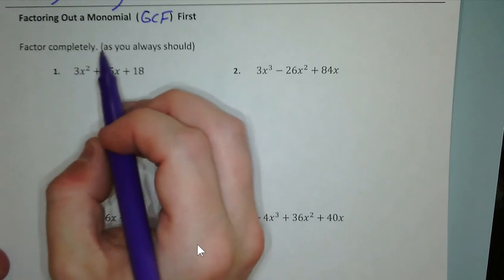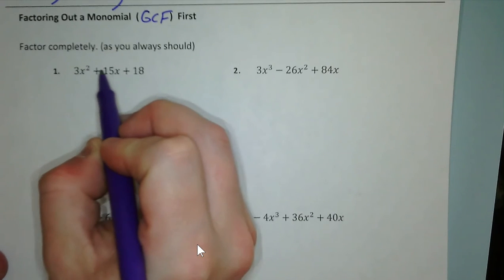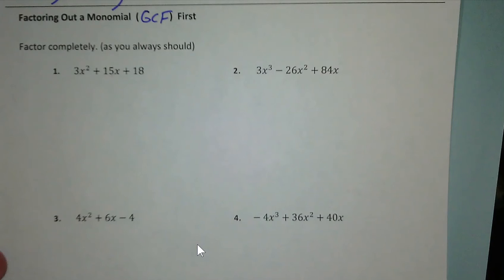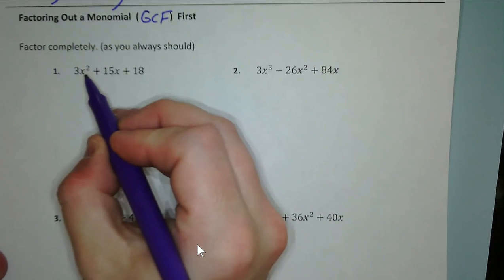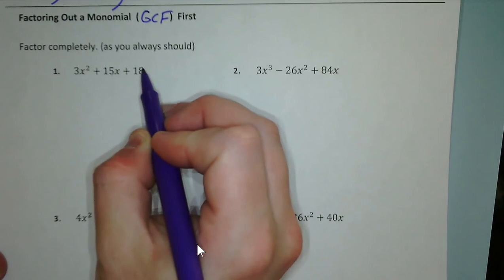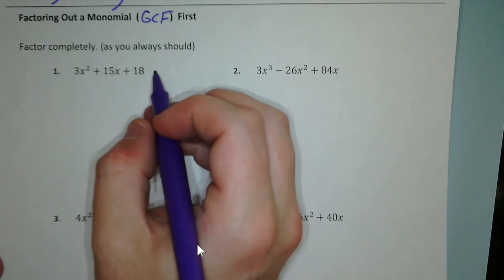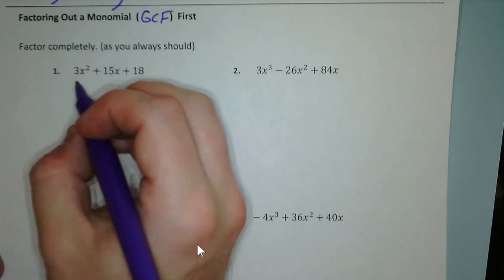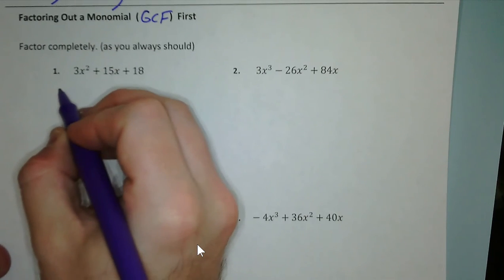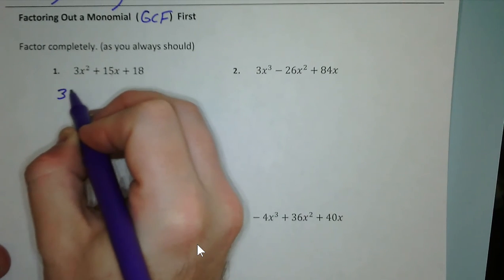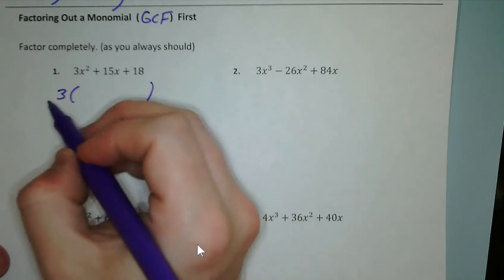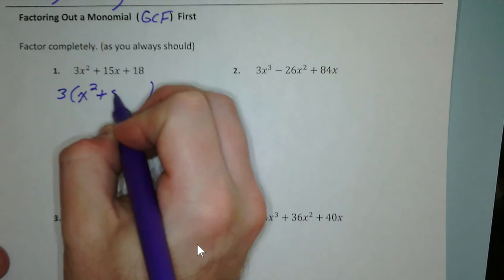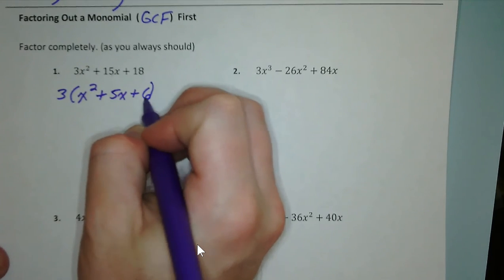GCF is what all of these have in common with like factors, so that you could divide it out. So 3x squared, 15x, and 18. What could you divide from all of those, William? Like, what would be the GCF? 3. Nice. And so we do that. We divide it out from all of them. And so what's left over here is x squared plus 5x plus 6.